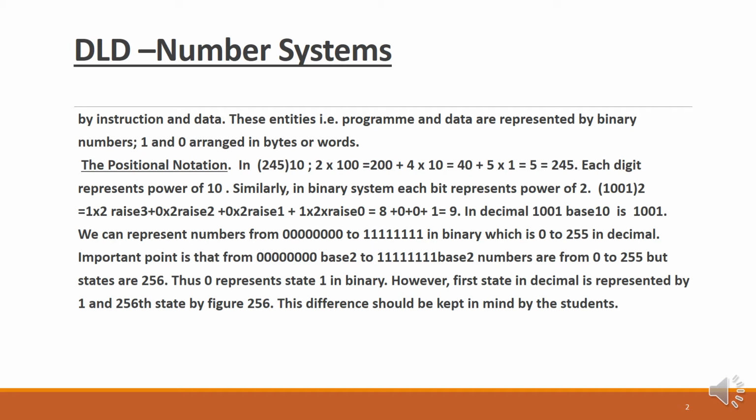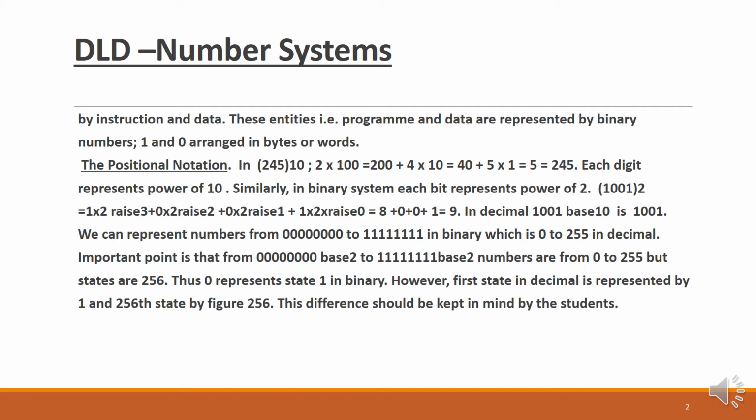Say for example, if there are 256 bulbs being lit in one line, then the first bulb will be 0 if we are in the binary system. In decimal system it will be 1, 2, 3, 4, 5 up to 256.